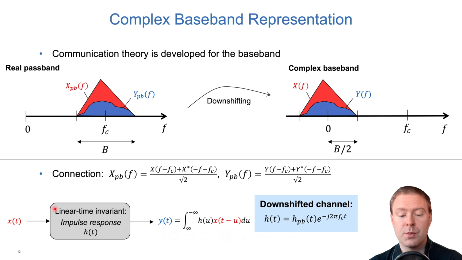We take the input and take a convolution with some impulse response that is representing it. The way to obtain that one is that we just take the impulse response that we would have in the passband and downshift it. So we multiply it by e to the power minus j2 pi fc t. That is the only difference. Apart from that, we can use the same theory.